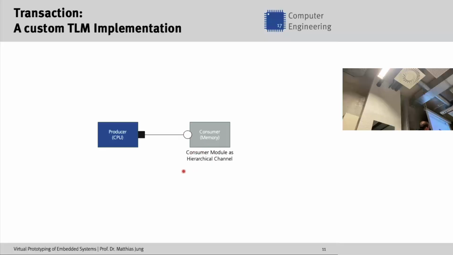And the consumer is a hierarchical channel. So it's basically also implementing an interface so that we can connect consumer and producer together. But internally also it derives from SC module, and also inside that there could be some threads that are running. And also this we want to build first.